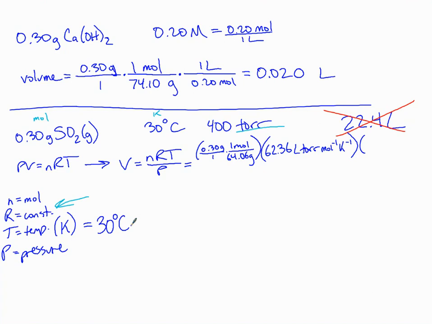Okay, yeah. So on the left side, Kelvin equals Celsius plus 273. There's a lot of students who will mess up this conversion just because they didn't bother to double check themselves on the formula sheet. Celsius plus 273 means that this is 303 Kelvin.